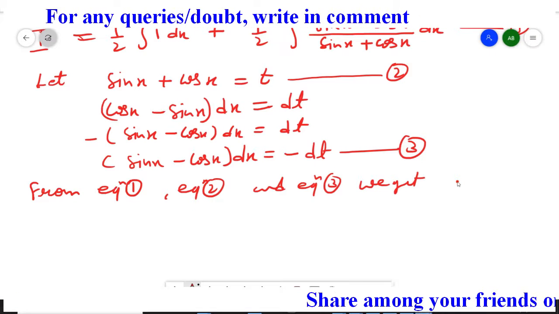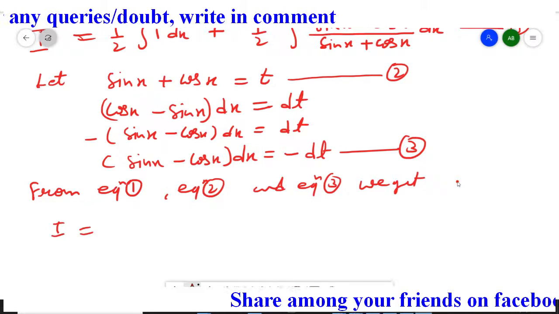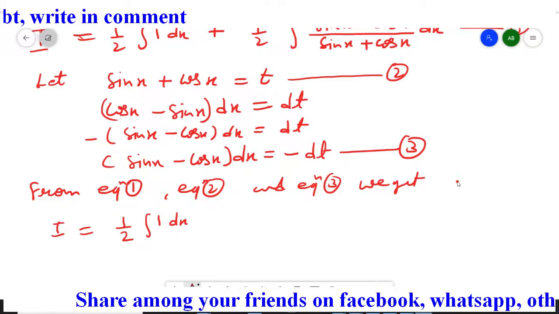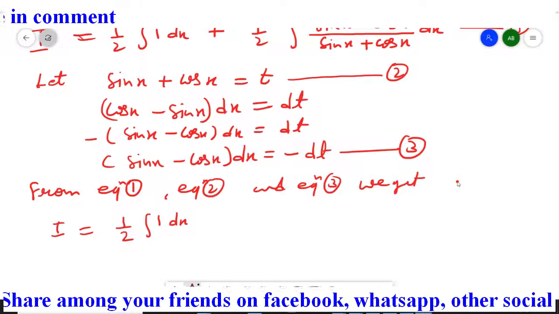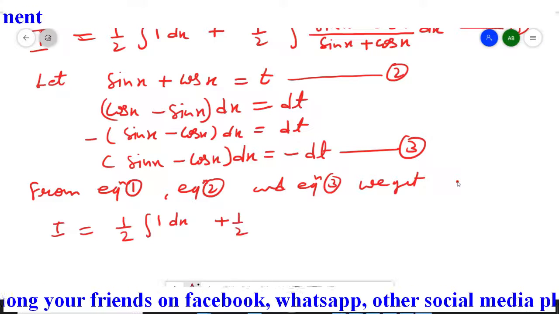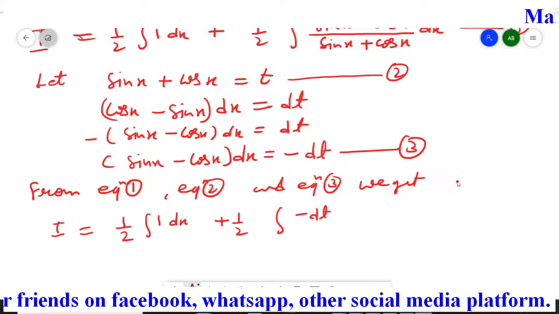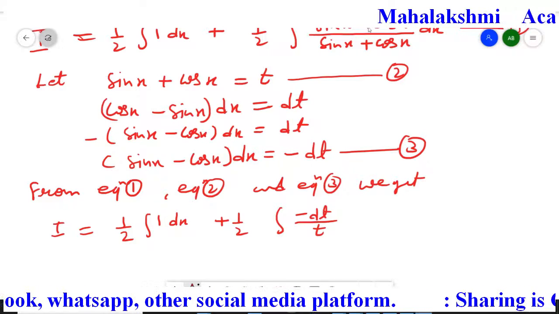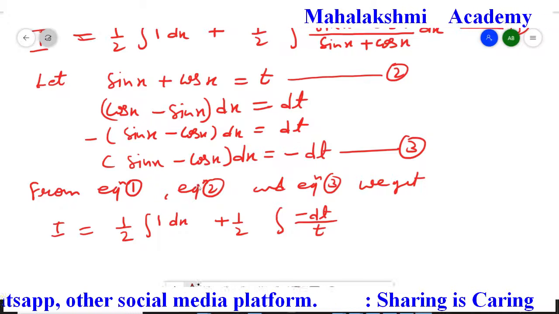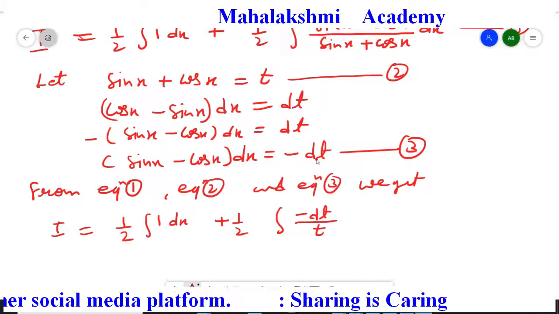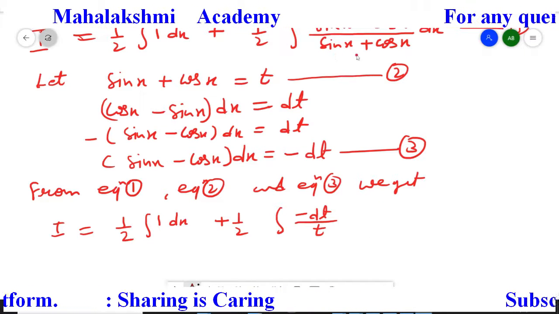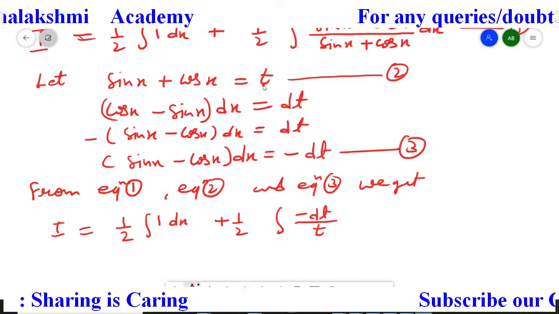we get I is equal to, now in the first integration there is no change, it is the same as it is. Then here it is going to be plus half and minus dt upon t, because here you have sin x minus cos x and dx, and its value is minus dt. So instead of these, I wrote here minus dt, and instead of the denominator I wrote only t.